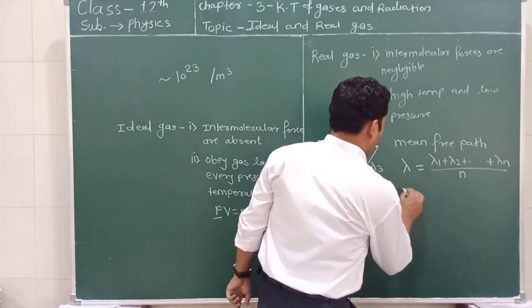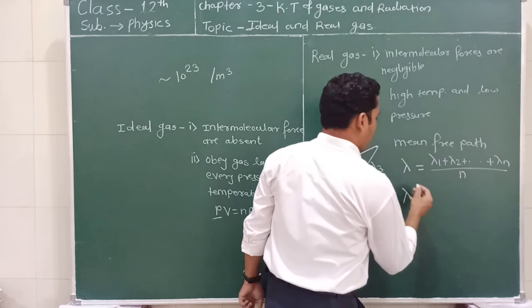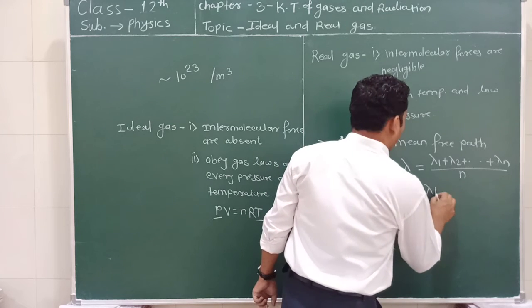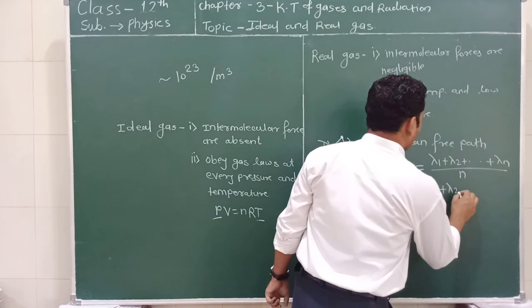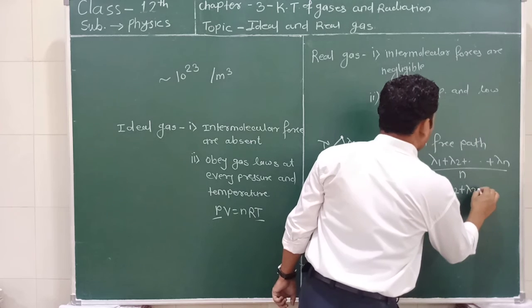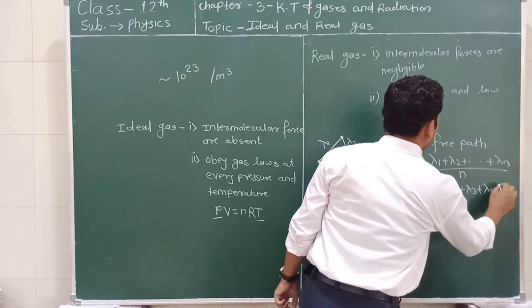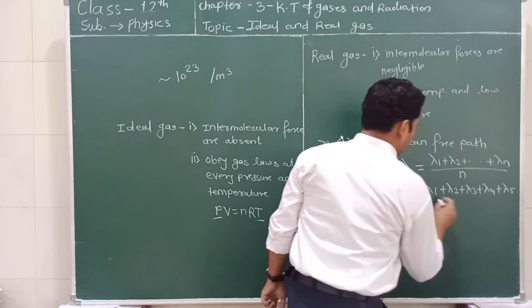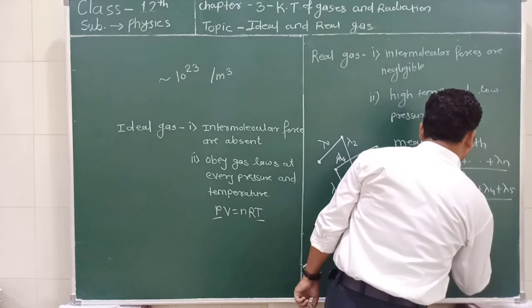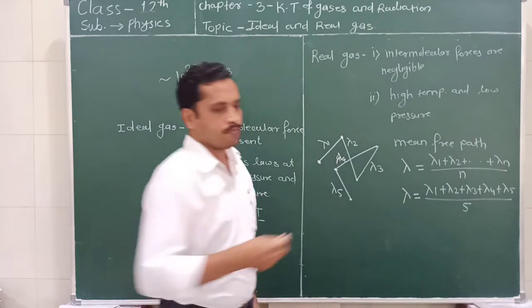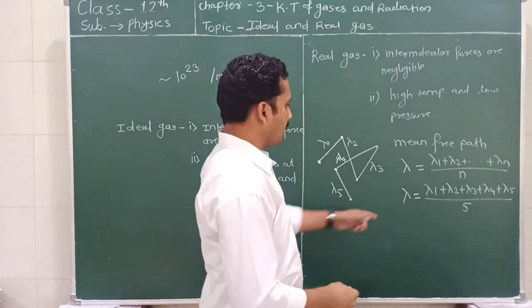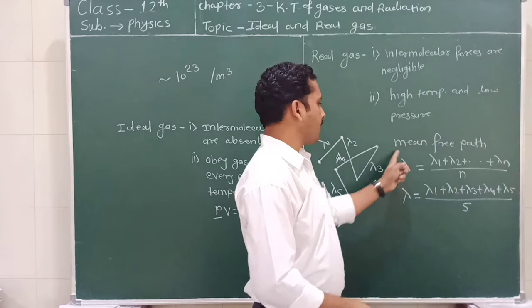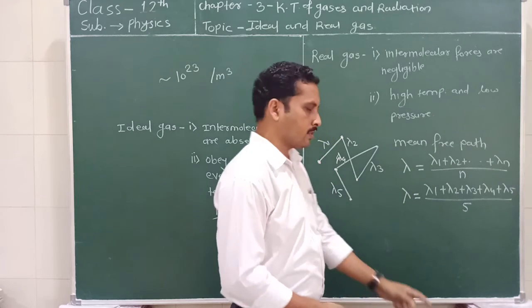So the mean free path lambda is equal to lambda 1 plus lambda 2 plus lambda 3 plus lambda 4 plus lambda 5, divided by the number of collisions, which is equal to 5. By this formula we can calculate the mean free path.